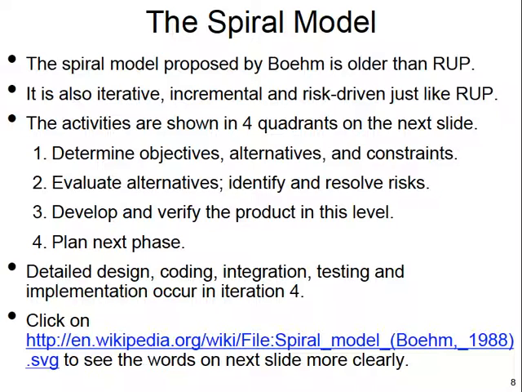In fact, it affected how RUP was defined. Which part of it is most advanced? I would probably say the iterative component, the incremental component, and the risk management component in the spiral model make it stand out. And so let's look at a diagram.